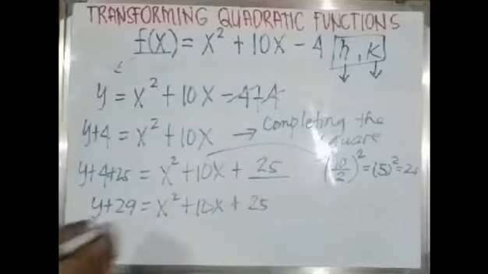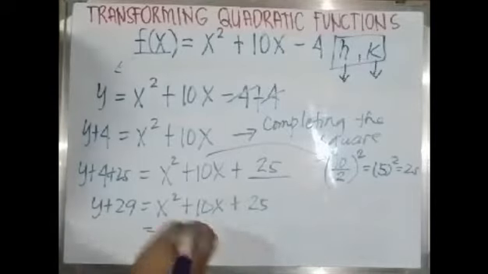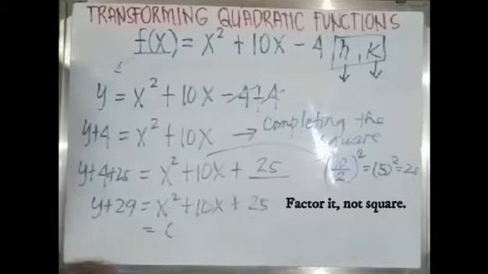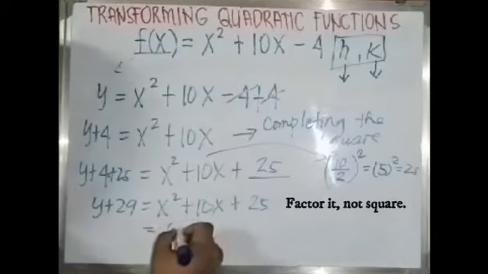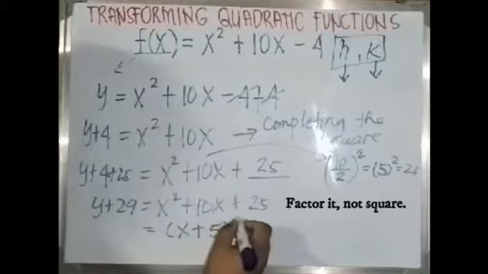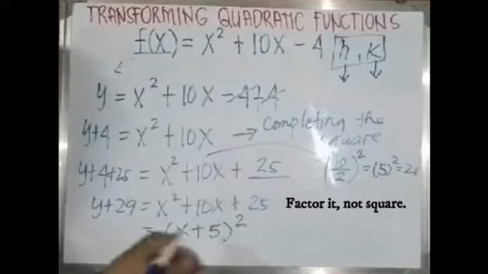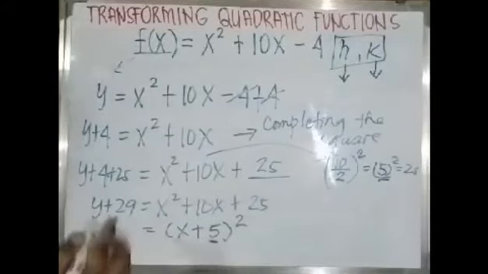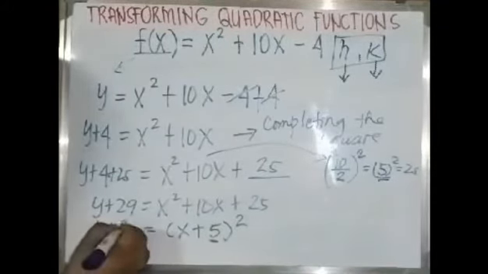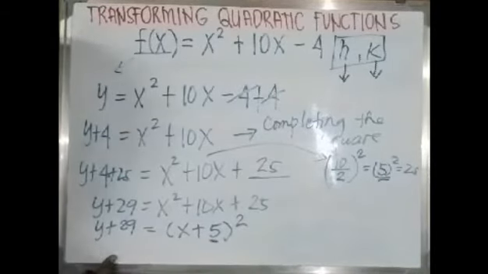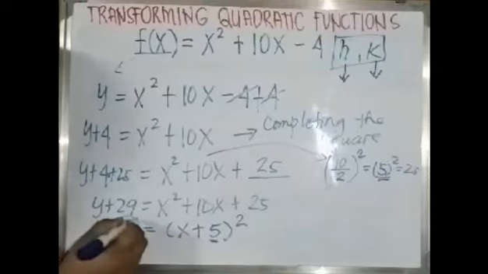The next thing that we're going to do is to come up with a vertex form. So, in this part, we need to square this. Squaring this will result to (x plus 5) squared. The number here is just the answer here. Then y plus 29. Now, finishing this one, let's transfer this again to the other side.